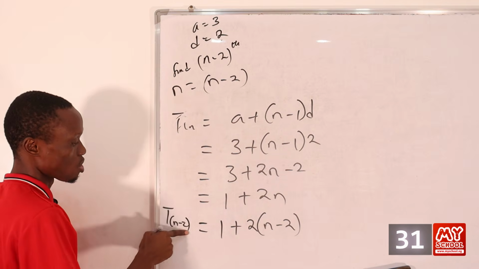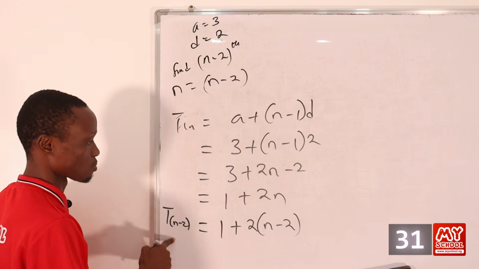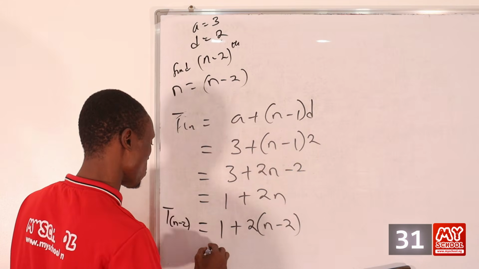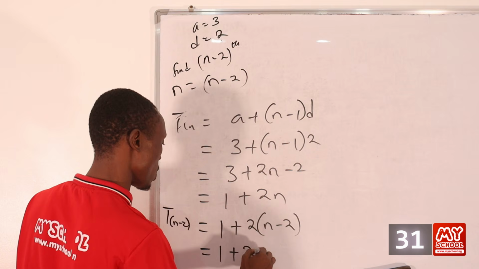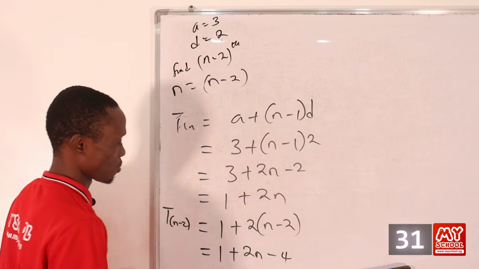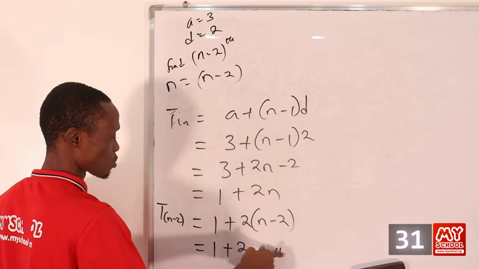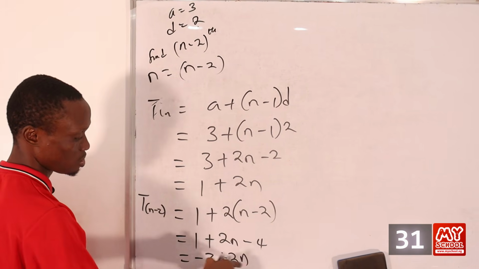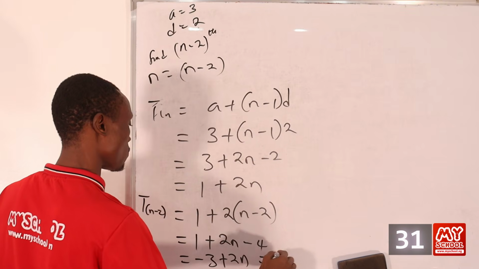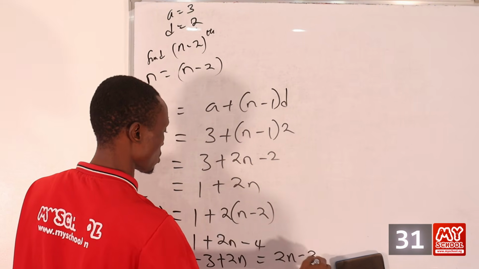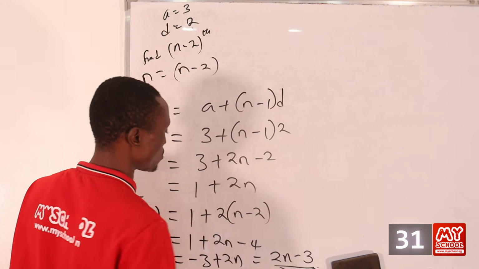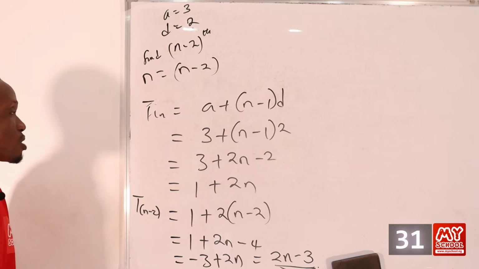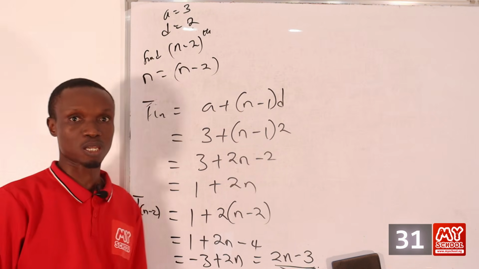So this is the expression we are looking for. If I open this bracket, we'll have 1 plus 2n minus 4, okay? So 1 minus 4 gives us minus 3 plus 2n. We can rearrange this, so we'll have 2n minus 3, okay? So 2n minus 3 is the expression for the n minus 2th term, okay?